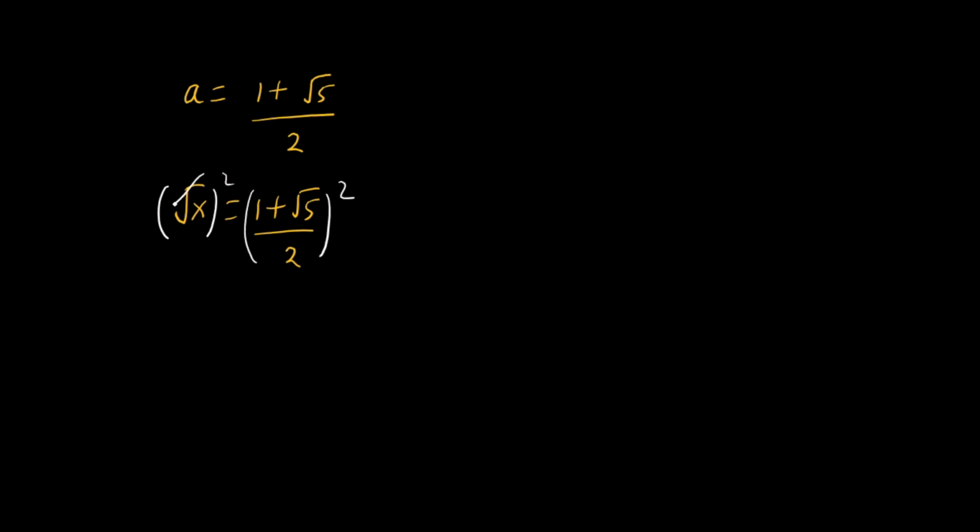Here the value of a is (1 + √5)/2. So a = (1 + √5)/2, and a is √x. Now if we square both sides, then on the left hand side the square root is cancelled out by the square, then x is equal to, on the right hand side we will apply the base and exponent rule: (a/b)^m = a^m / b^m.